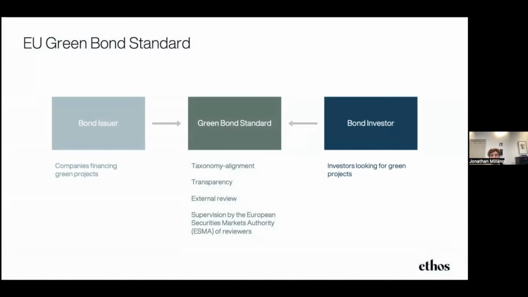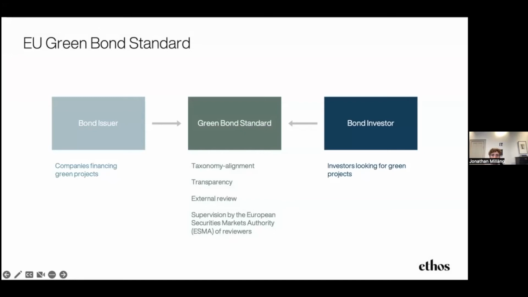And as Jonathan was describing previously, the aim of the EU taxonomy is to provide a more transparent environment that allocates capital to sustainable activities. As part of this, we have the green bond standard that connects with the EU taxonomy as well.